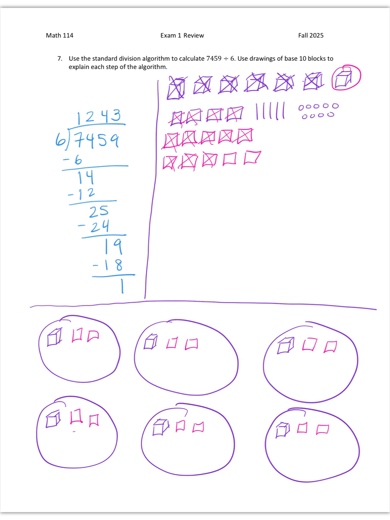Okay, so instead of this flat and this flat, I'm going to make them tens. So now I have 10 and 10, and then I still have these 5 tens as well. So this is 25 to give out.